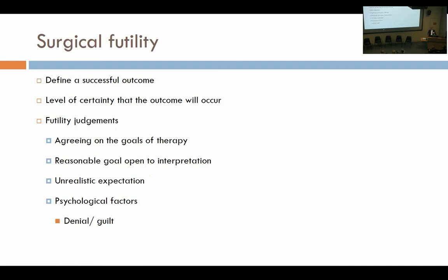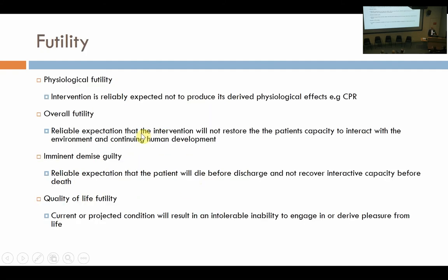Patients may have unrealistic expectations, surgeons may have unrealistic expectations, and there are a lot of reasons why that may happen. There's a lot of work done on futility, and there are various types of futility we need to talk about, like physiological futility, and quality of life futility, which asks what the chances are of them being able to get back to enjoying their life.